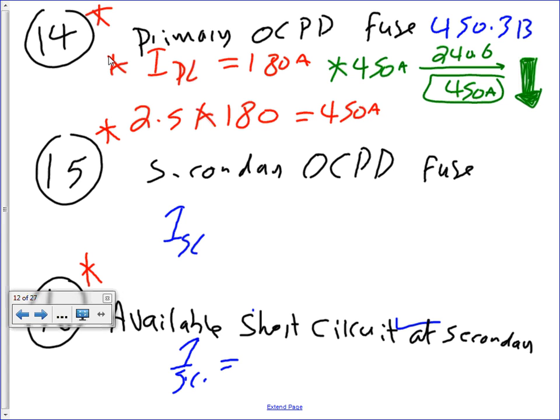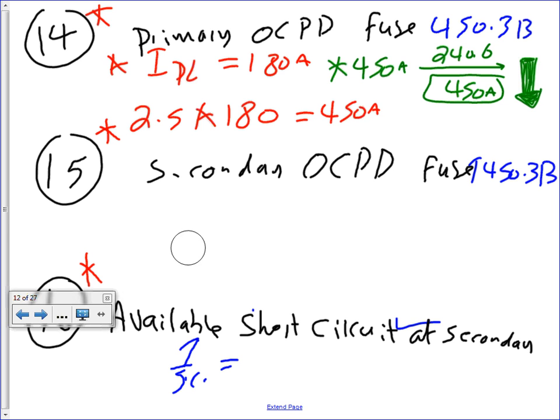Okay, on the secondary side, guys, my friends, we're going to use the same table, of course, which is table 450.3(B).